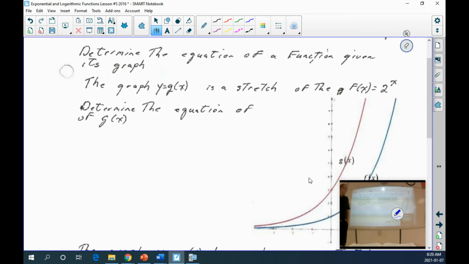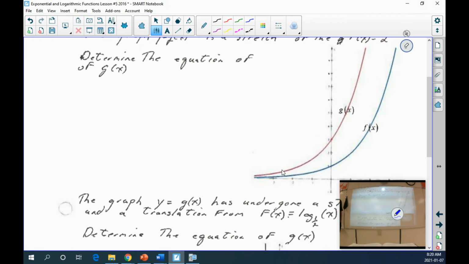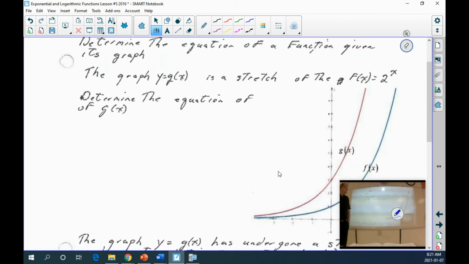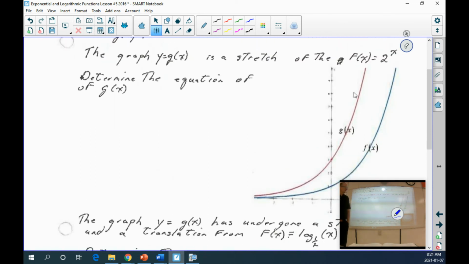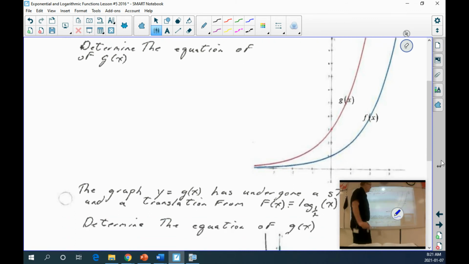Okay. Now, the next step is here's a graph. We perform some type of a transformation for this guy. Okay, and we're going to do this as basically as simple as possible. We started with f of x is equal to 2 to the power of x, which is this one here. What have we done?